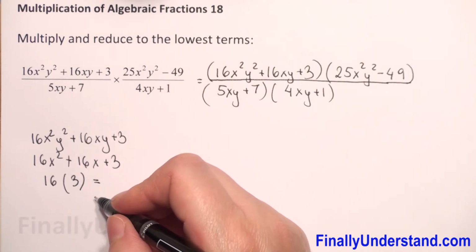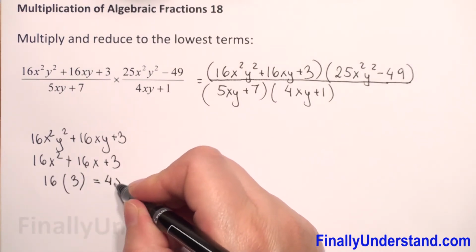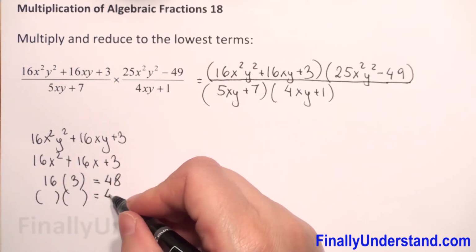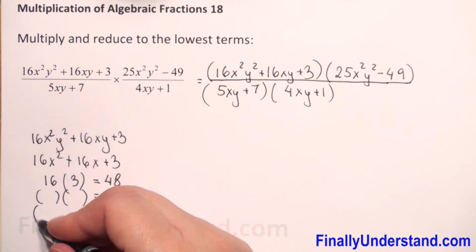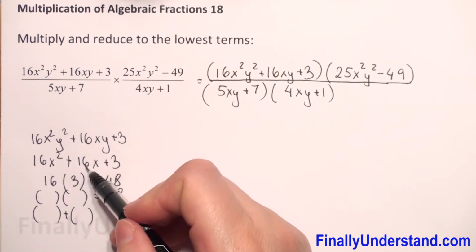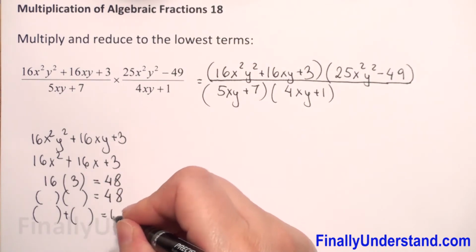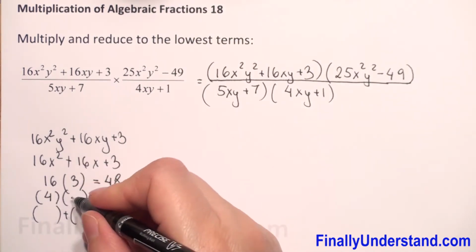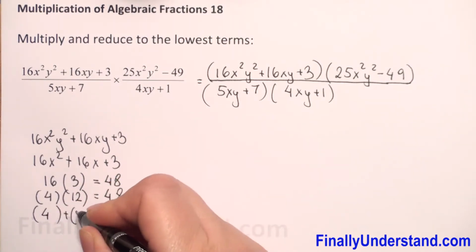So this is equal 48. Now I have to find two numbers which I multiply, and I will have 48, and when I add these two numbers I will have the coefficient before x, 16. So it will be 4 and 12, of course.